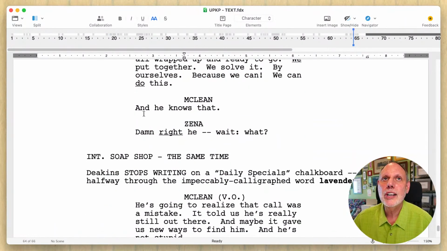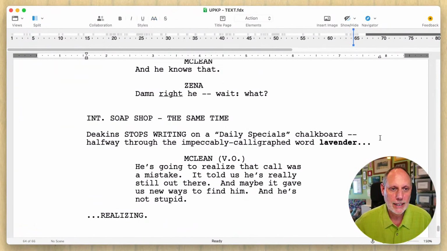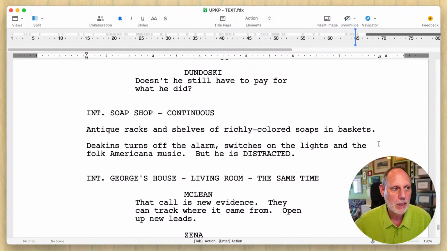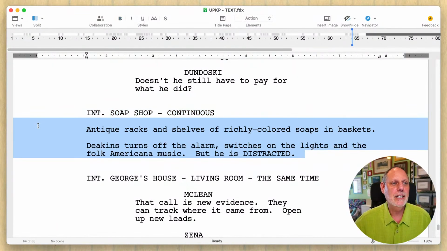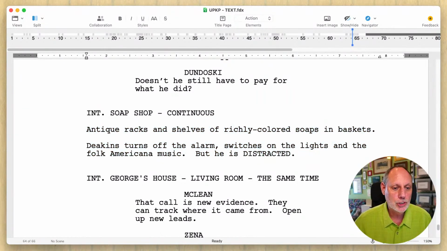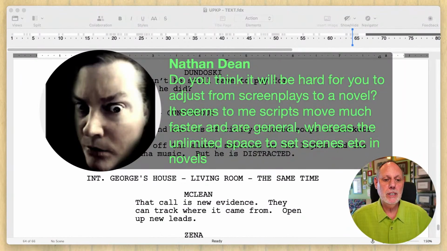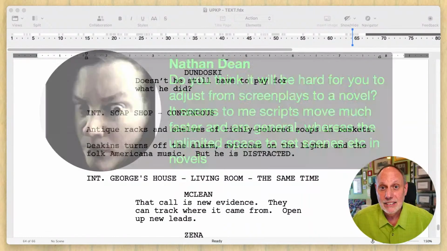So the thing that was scaring me was, what voice do I use? And I realized I had already become comfortable with a voice. It was just my screenwriting voice, and I use it all the time. Here, look at this. Antique racks and shelves of richly colored soaps in baskets, which I just tinkered with, right? That tinkering, that's writing a novel. As far as the question of the unlimited space, that's nice.